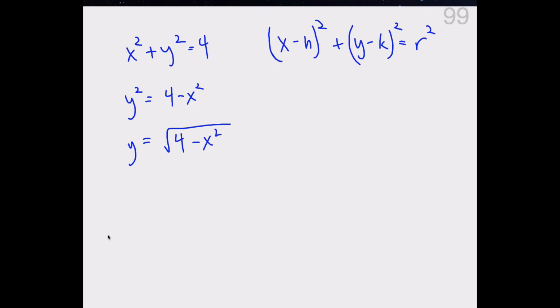Pop quiz. What did I just do wrong? Plus or minus. Very good. Take the square root, you get 2 possibilities. Now the nice thing about that is one of those possibilities will be the top half, one of those will be the bottom half. Which is which? Yep. Okay. So this guy, let's say that's a radius of r, is y equals the square root of r squared minus x squared.